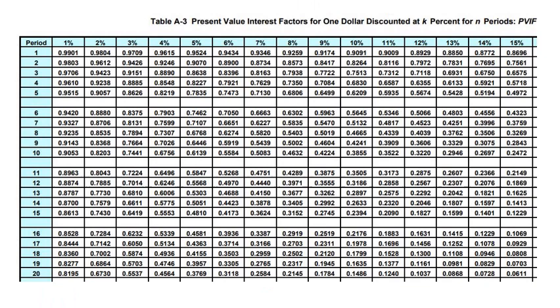Now we are concentrated on 11%, this one, and on the 6th year. So all the intersections at 11% are these factors. On the 6th year, you are going to use this factor. On the 5th year, you are going to use this factor.